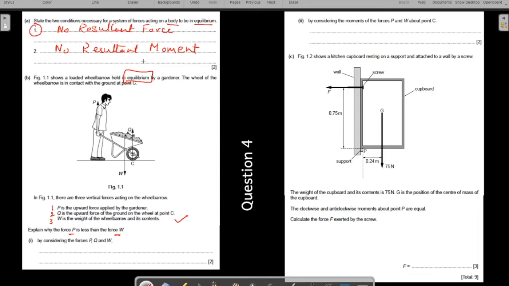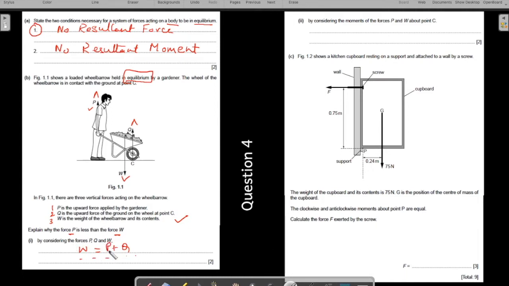No resultant force means all the forces are balanced. When would all the forces be balanced? When all the upward forces P and Q are balanced by the downward force. So W is equal to P plus Q. When you write this equation, automatically what does it prove?